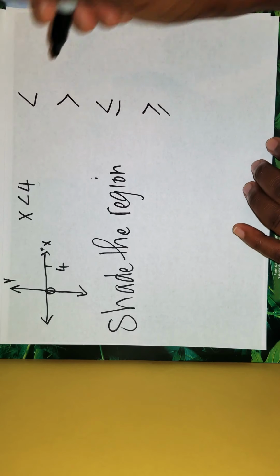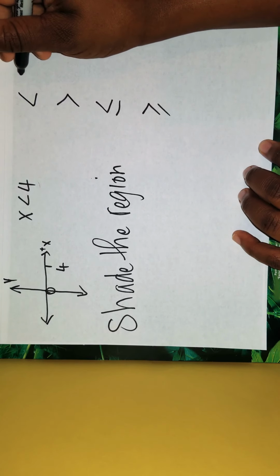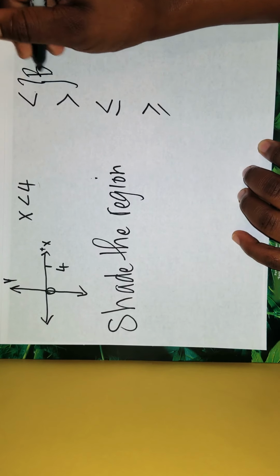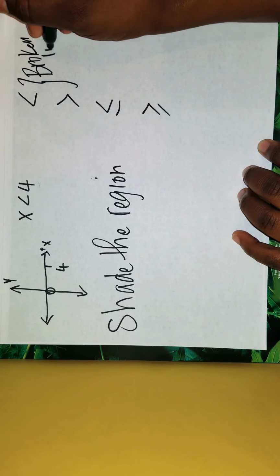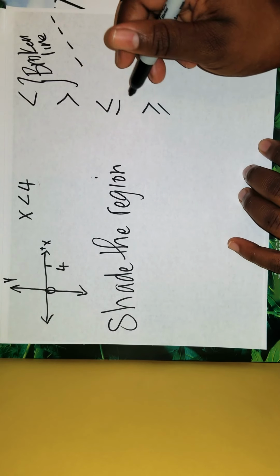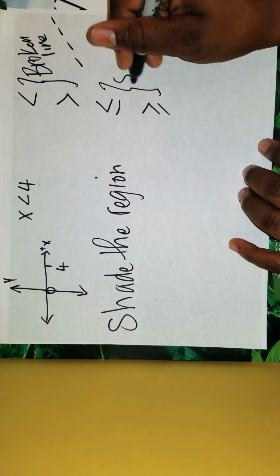In this case, we have a less than sign, so we're going to be using a broken line. So for less than or greater than, we use a broken line. I want to say dotted line, up to you. For less than or equal to and greater than or equal to, we use a solid line.